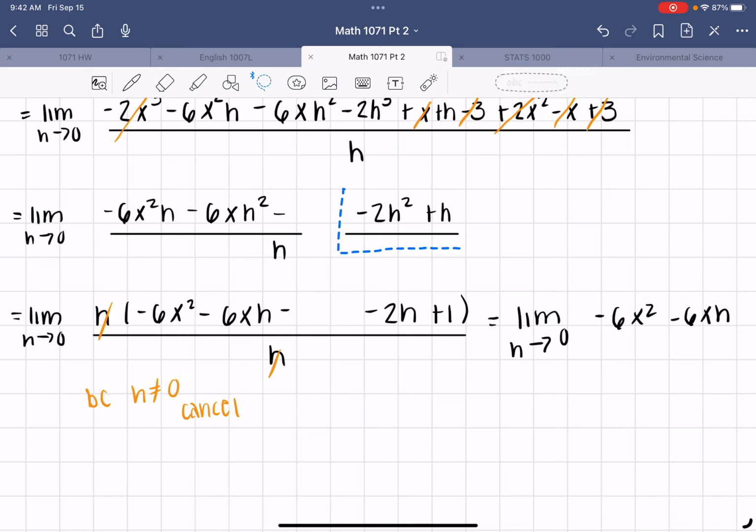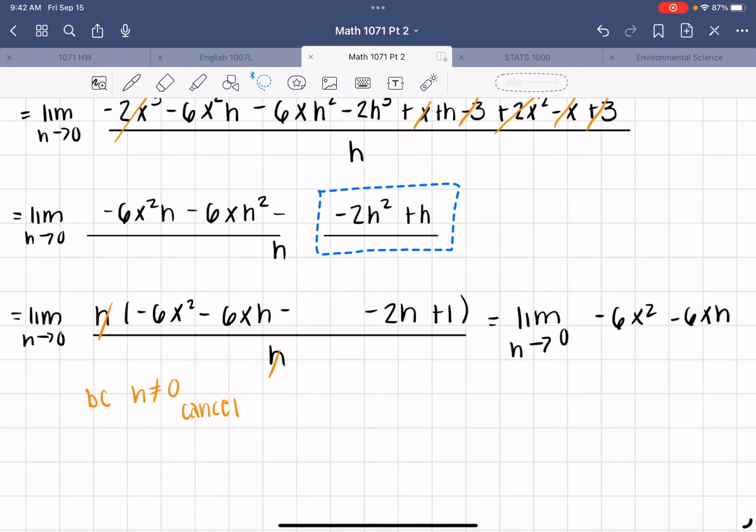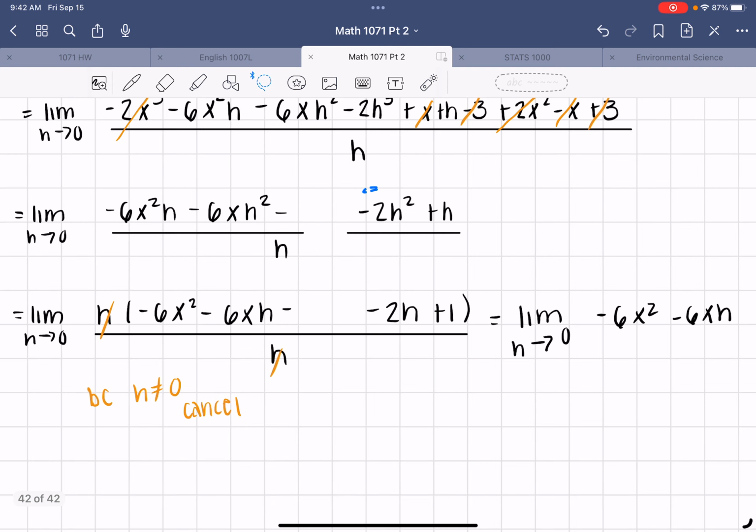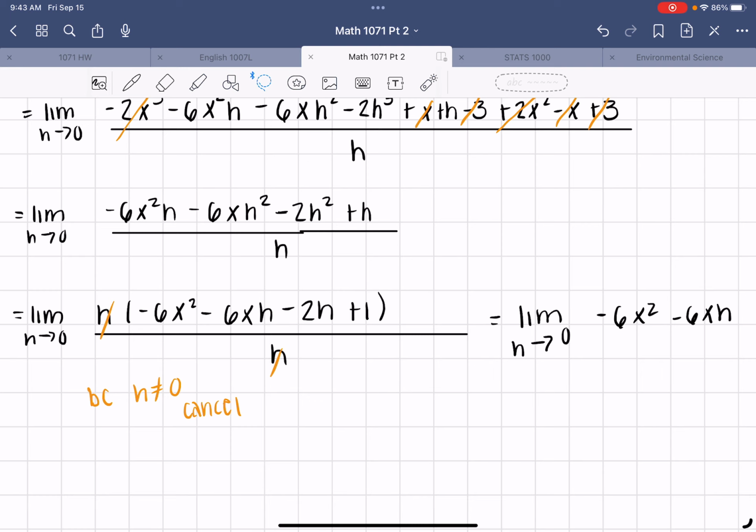Now, I realize I'm getting a little ahead of myself, and let me talk about it. If you had, instead of cube, 4, 5, if you have any power n, there is a way of expanding this. You don't need to know this. I'm only pointing it out to you. This is called the binomial.